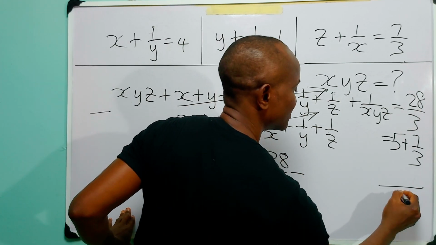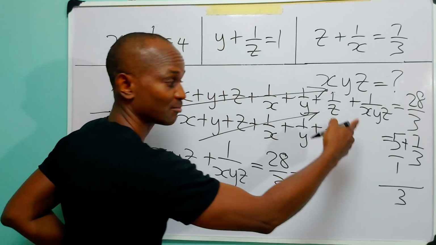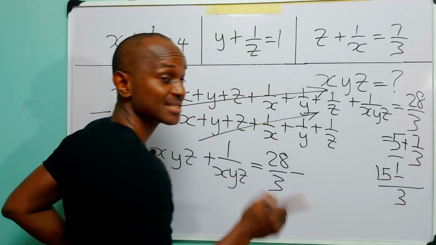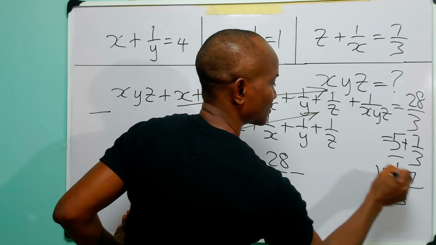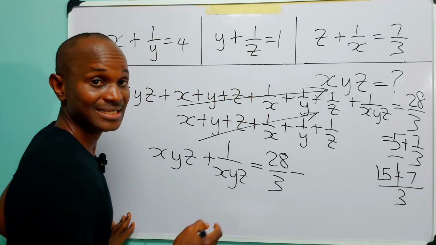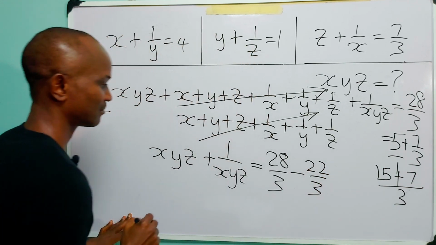Now, when we add this, the LCM is 3. 3 divided by 1 is 3, multiplied by 5, 15, plus 3 divided by 3 is 1, multiplied by 7, 7. Sorry, this is plus. So we have 15 plus 7, and that is 22. So we have 22 over 3.